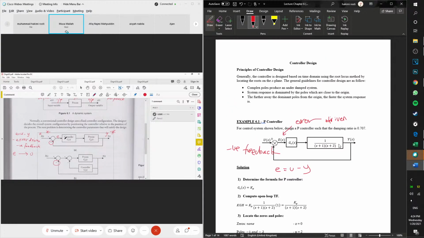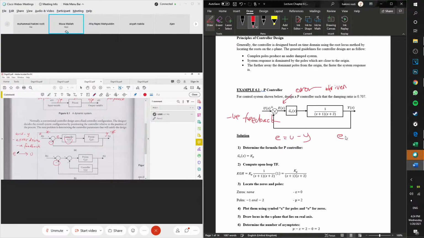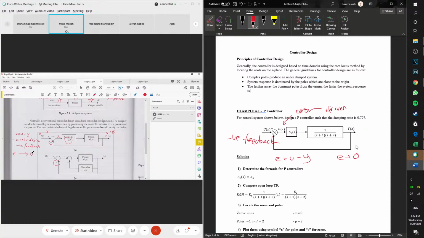So your GC, GC here is your controller, will cause the error to become 0, so much so that finally, subsequently, your Y is equal to U. Based on this equation, if error is equal to 0, then you have Y equal to U. So that fulfills the objective of any control system.